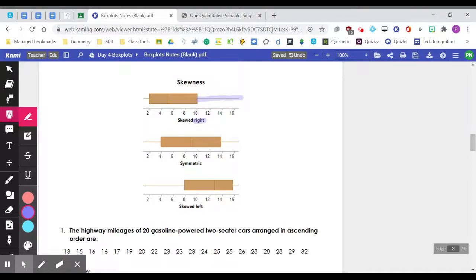Now, my second one, it's roughly the same on both sides. Doesn't have to be exactly perfect, but more or less, as long as you don't see any sort of drastic differences, then we can say that's symmetric. And then for our last one, our tail is much larger and longer on the left-hand side, so that's why this one is considered skewed left.